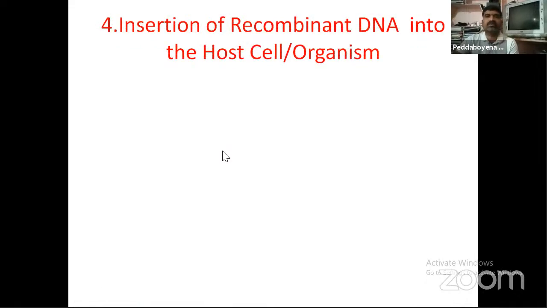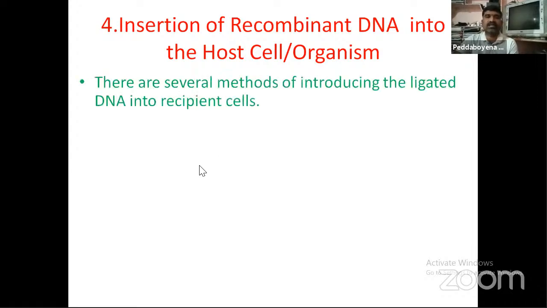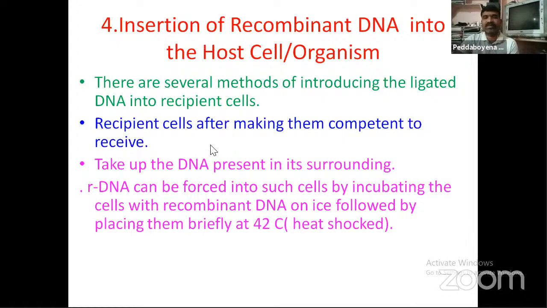So now, insertion of recombinant DNA into the host cell. There are several methods of introducing the ligated DNA into recipient cells. Recipient cells, after being made competent to receive, take up the DNA present in their surroundings. rDNA can be forced into such cells by incubating the cells with the recombinant DNA on ice, followed by placing them briefly at 42 degrees centigrade.